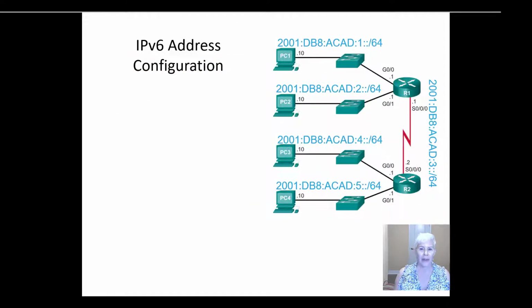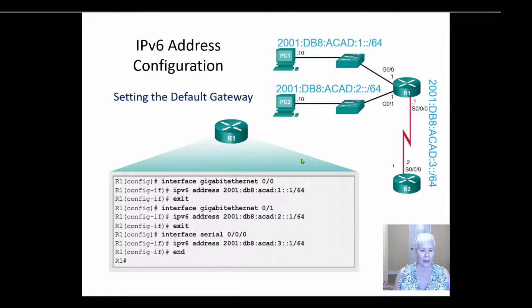What would the IPv6 address configuration look like? We're going to set the default gateway, right? And here's what this would look like. On interface G0/0, ipv6 address 2001:DB8:ACAD:1::1. There's my network, and ::1 is my first usable address.